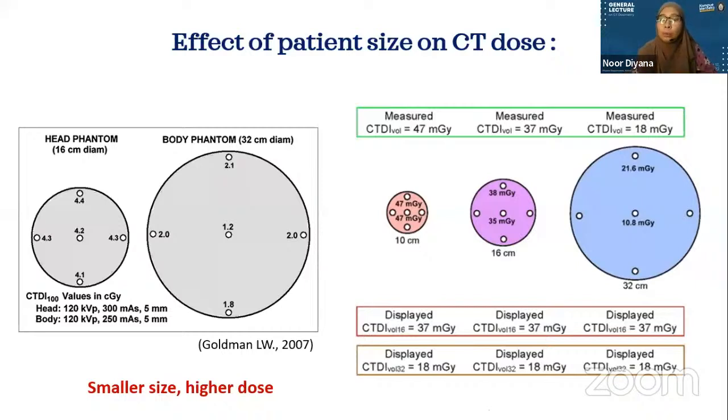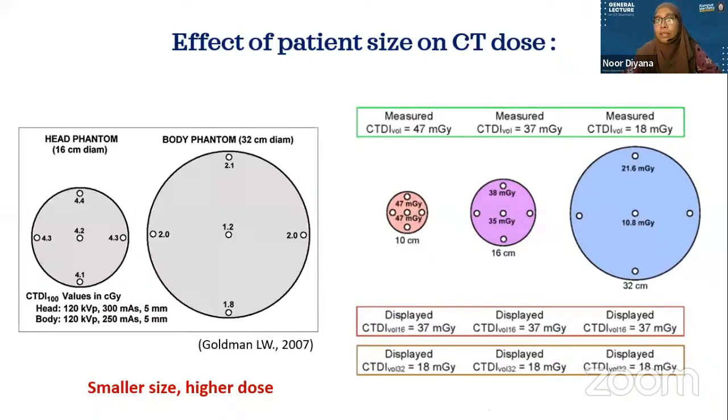Actually from the research that we did, the Asian population, the size is actually smaller than the reference size. So actually what is displayed by the CT scanner is an underestimate. The actual dose is more than the display when we apply the correction factor.